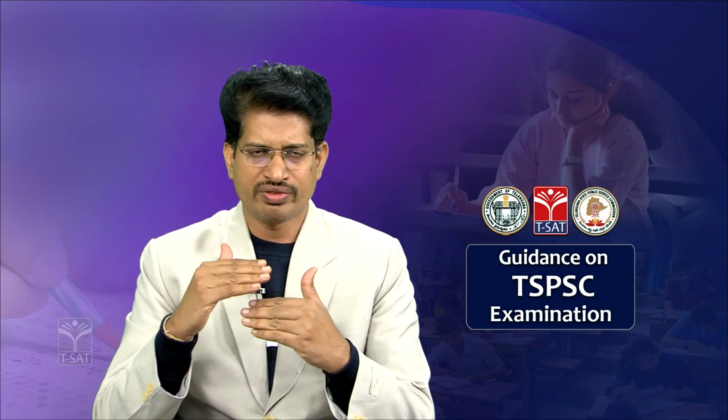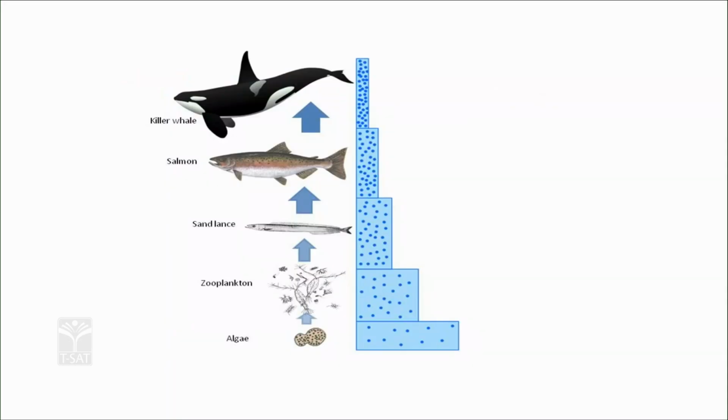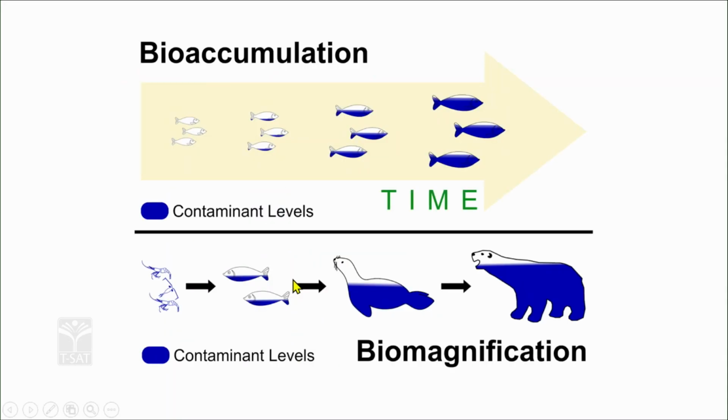This phenomenon of accumulation of toxins trophic level by trophic level is known as biomagnification. When it is accumulated only in a single organism in its lifetime, it is known as bioaccumulation. This is the difference between biomagnification and bioaccumulation.